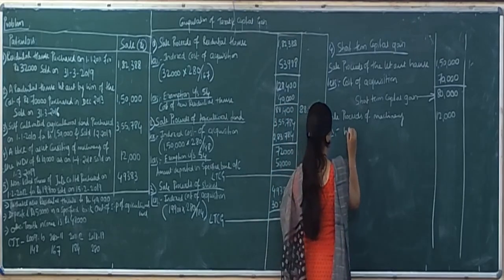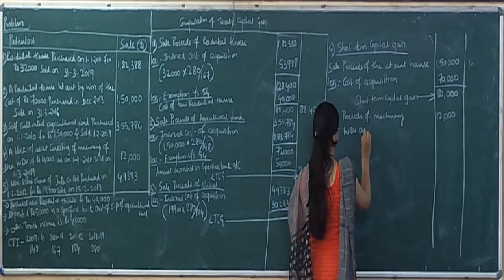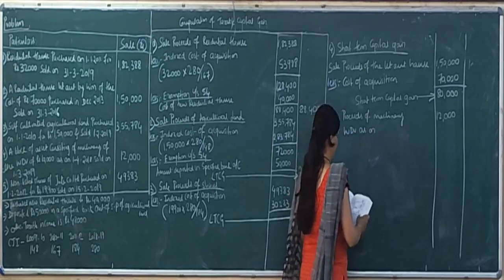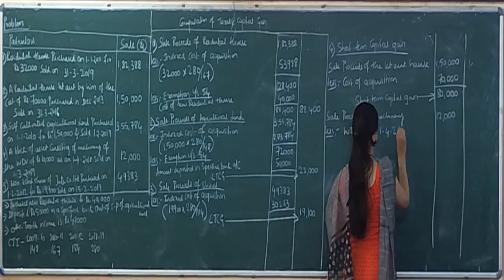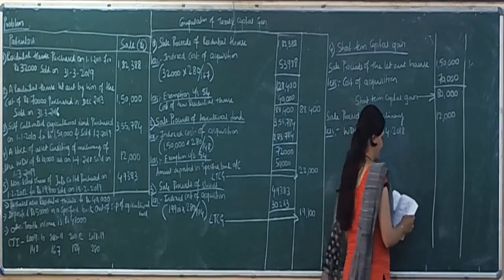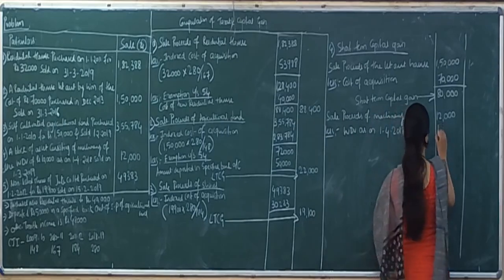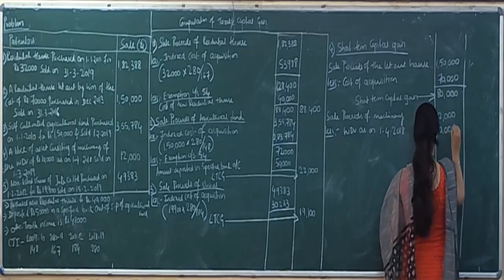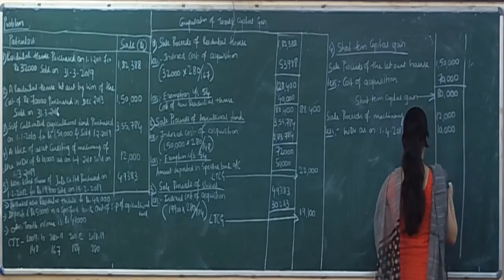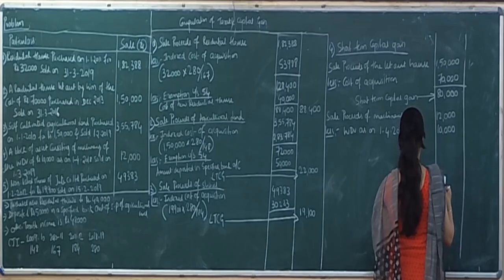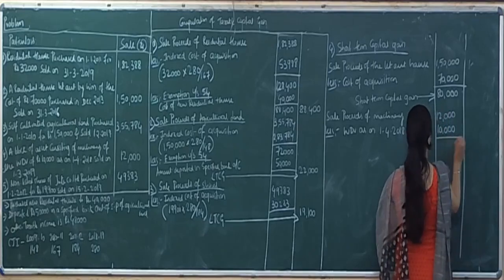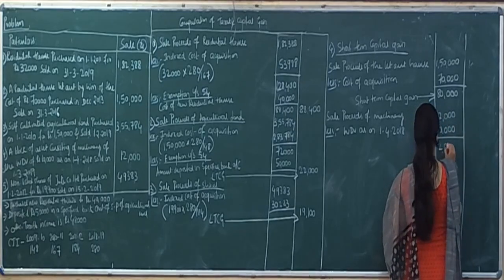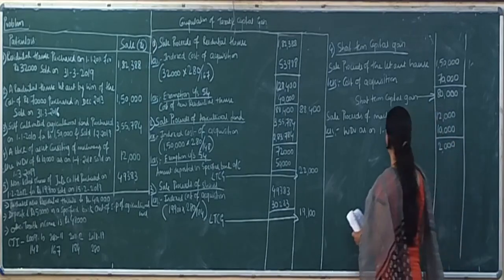So let's written down, first April 2000, 48,000. So the amount comes to here 2,000.